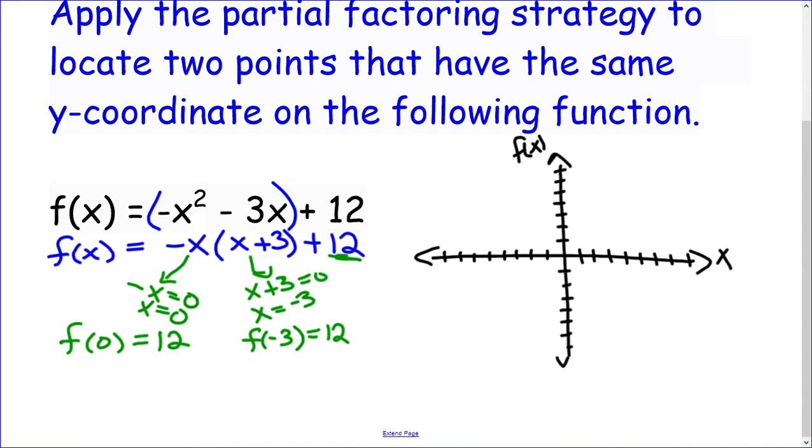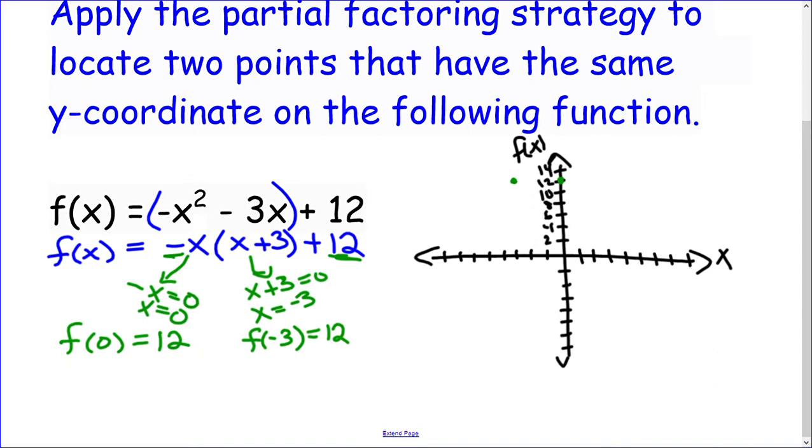This one is just going to jump up by 2's, just so I can put everything in the graph, which means also going below will go by negative 2 as well. So when x is 0, I'm at 12. And when x is negative 3, I'm also at 12. I can see this is a negative value in terms of my factored form even, so I know that this thing is going to open downward.